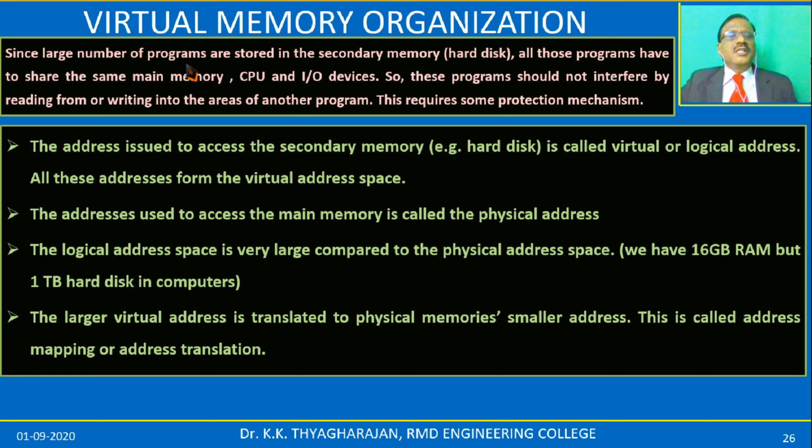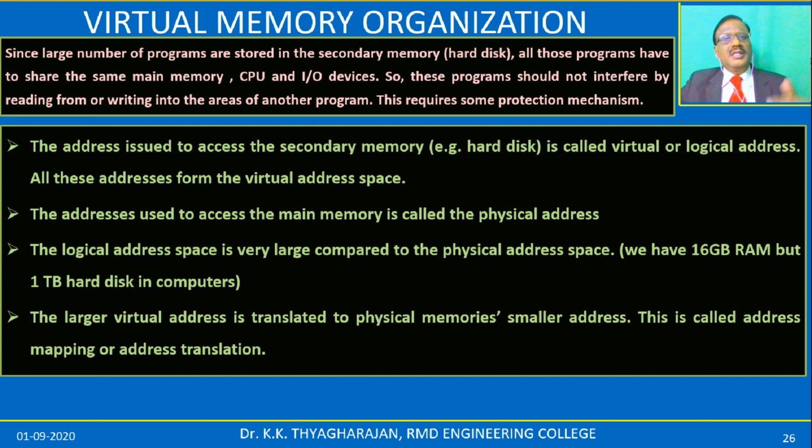Since a large number of programs are stored in the secondary memory, that is hard disk, all those programs have to share the same main memory. That means first one program will be stored in the main memory, then second program will be stored, and that program will be read by the CPU for execution.